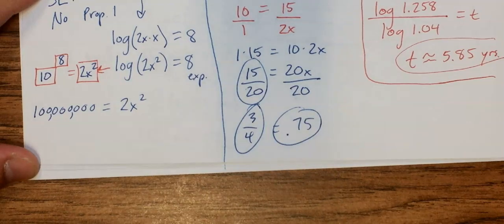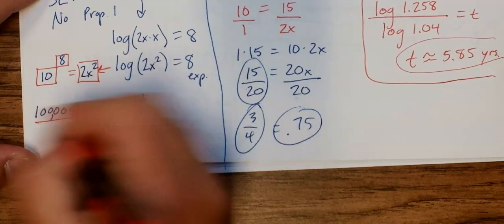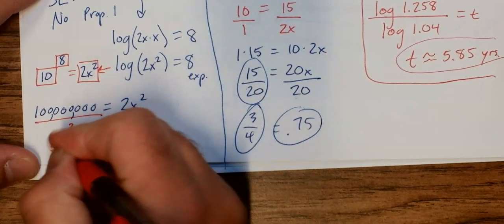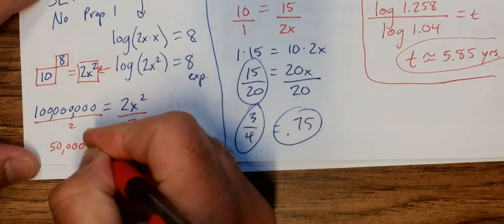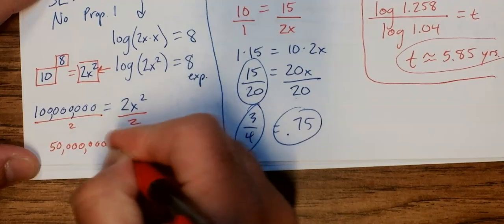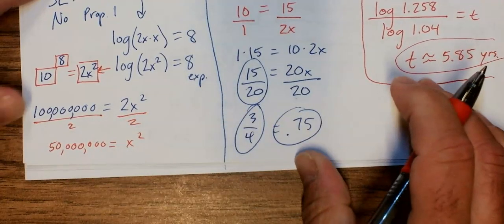There are 2 things left and we're done. Should we divide or square root? Which one should we do? Divide by 2 first, thank you very much. Giving me 50 million equals x squared.